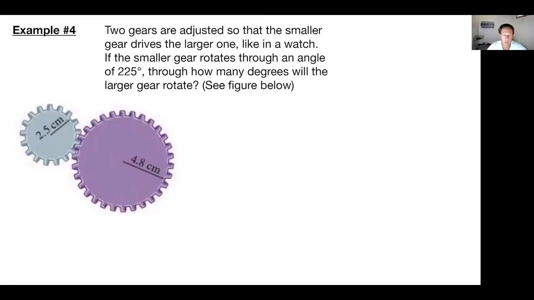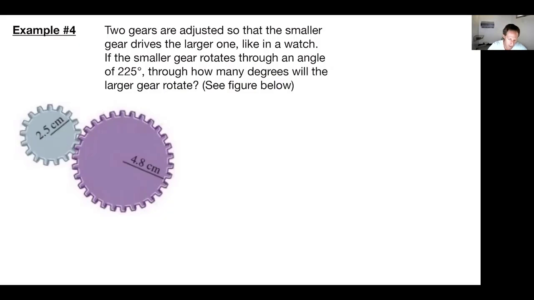Okay, so we have virtually 2 circles here, one with a radius of 2.5 centimeters, the other larger one 4.8 centimeters. And it says if the smaller gear rotates through an angle of 225 degrees, they want to know how many degrees the larger gear would rotate. So this is what's a little weird. It doesn't seem like they give us enough information.